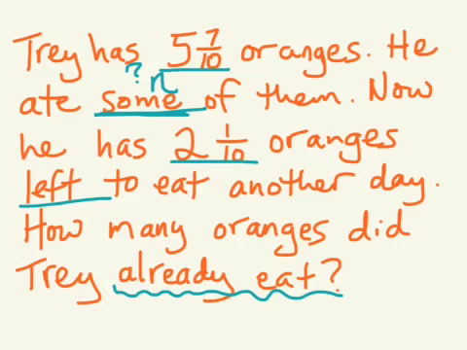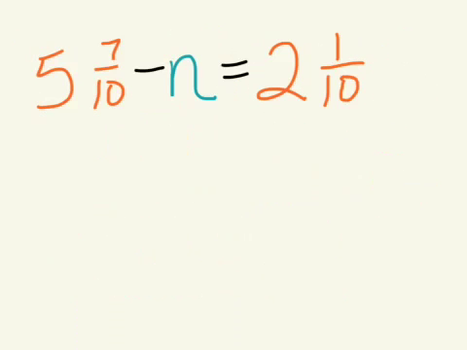So let's put this into an equation. Equations read from left to right just like a sentence in a book. So at the left of the equation will be the starting point, and then at the right will be the ending point. So this would look like this equation: 5 7/10 minus some number equals 2 1/10.